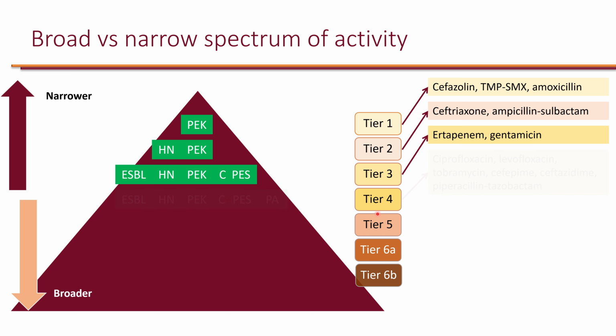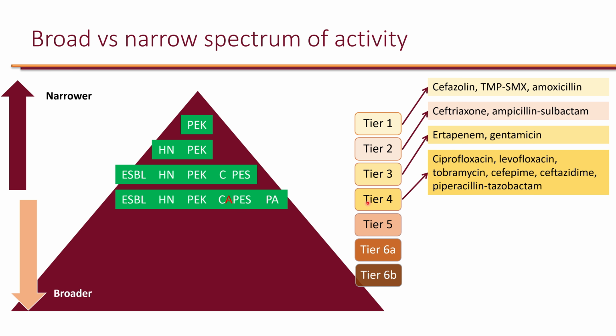Now, when it comes to tier 4, this is when we really start to define broad spectrum because of activity against Pseudomonas. Essentially, this is where most experts would agree we draw the line between broad and narrow, because Pseudomonas species can develop resistance relatively easier compared to other organisms.